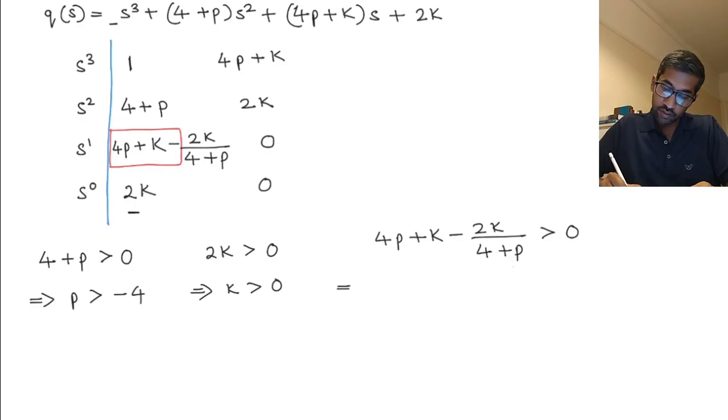The last condition is 4p plus k minus 2k over 4 plus p is greater than 0. This means that 4p plus k is greater than 2k over 4 plus p.